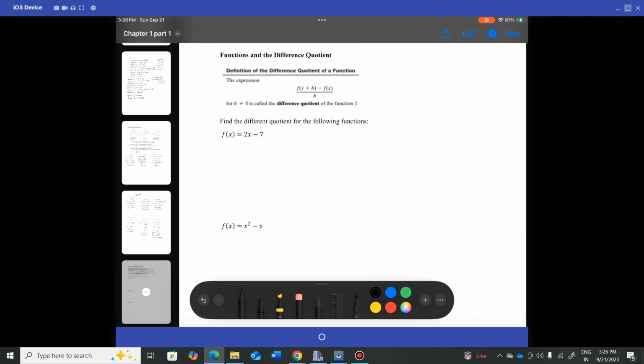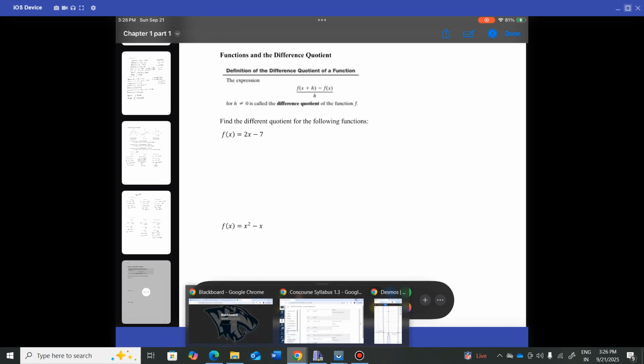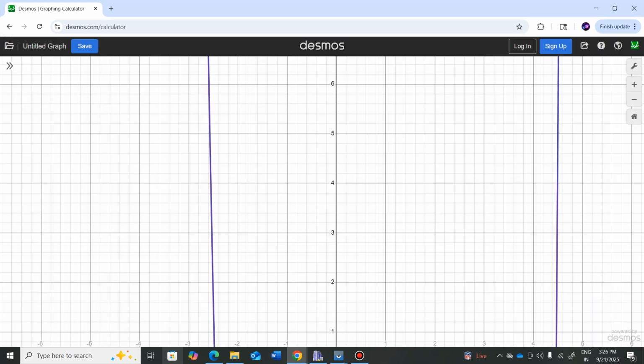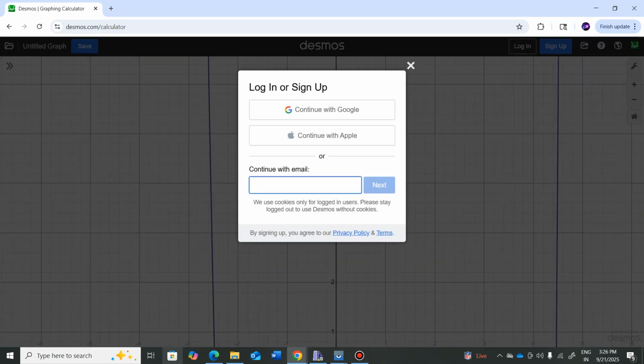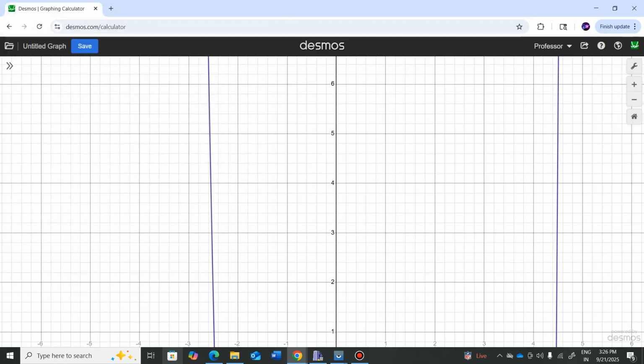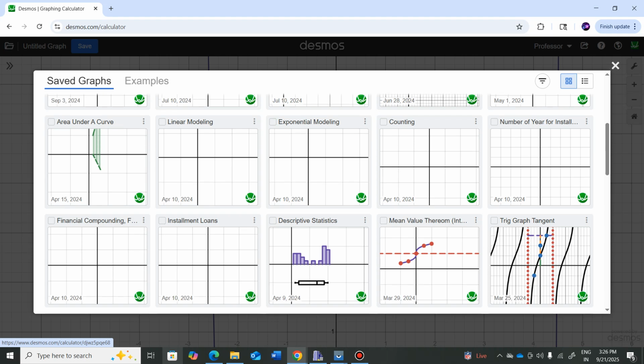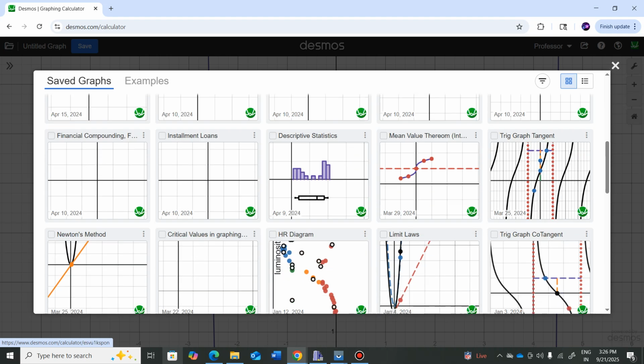Alright, so now we're going to look at the difference quotient. I'm going to pull up Desmos on this real quick. Not logged in, let me log in. Alright, so there's one I have on here.